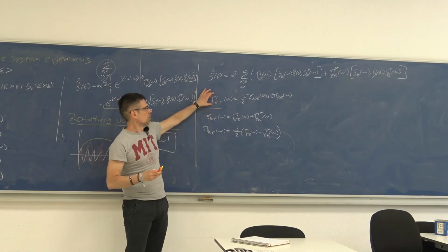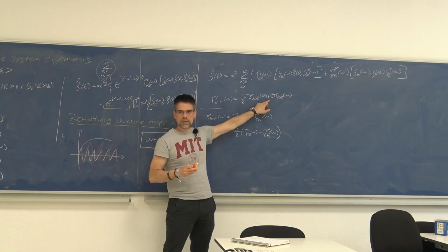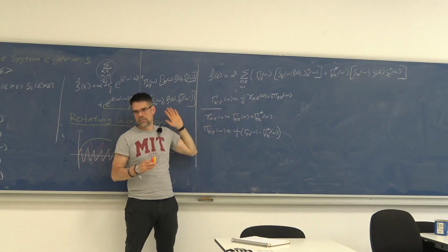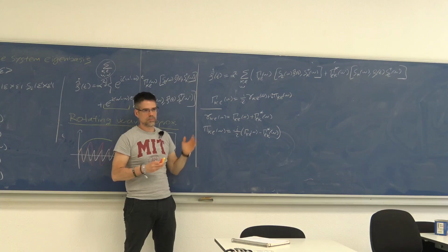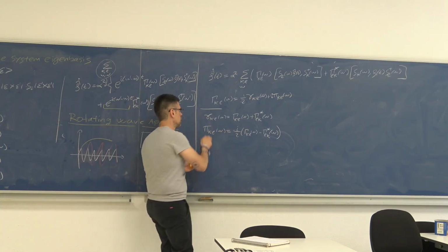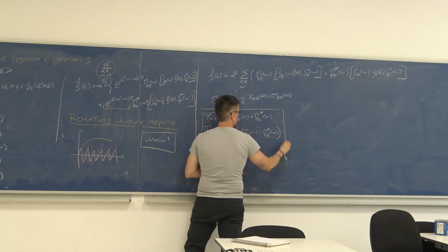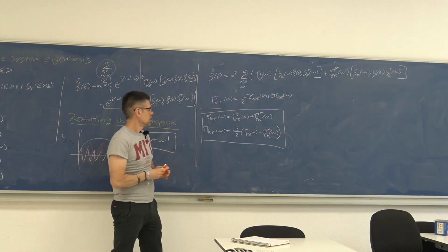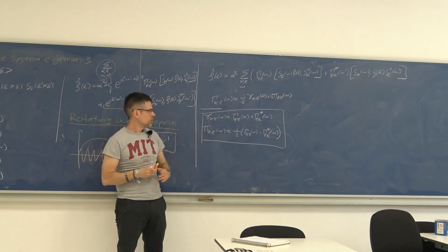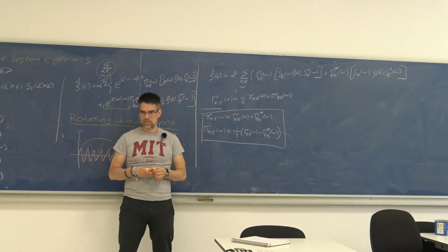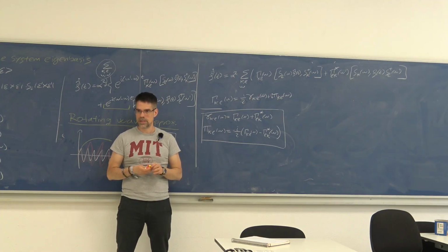You just complex conjugate this, you get here a minus sign, and then you get a set of equations, two variables, very easy to solve, and then you get to this. And from here, you can see that both gamma and pi are Hermitian matrices.